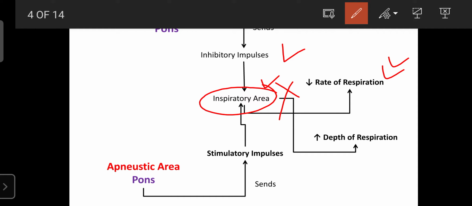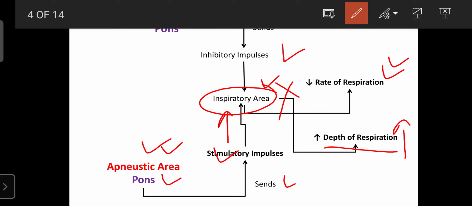The other group of neurons is known as the apneustic area. These are also present in the pons. They send stimulatory impulses to the inspiratory area. When this area is activated, the depth of respiration increases, which is helpful for complete filling of the lungs.